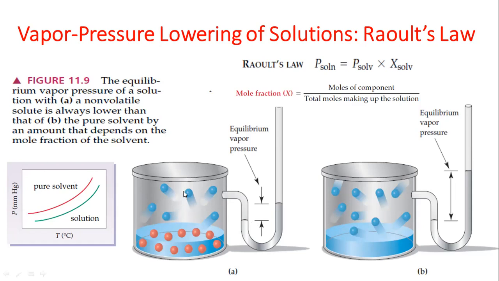You can see over here, when you prepare a solution, this is the equilibrium vapor pressure as compared to the pure solvent. For the pure solvent, the vapor pressure is more as compared to the solution, and the solution is less as compared to the pure solvent, and this is called the lowering in the vapor pressure. So this is the general understanding.